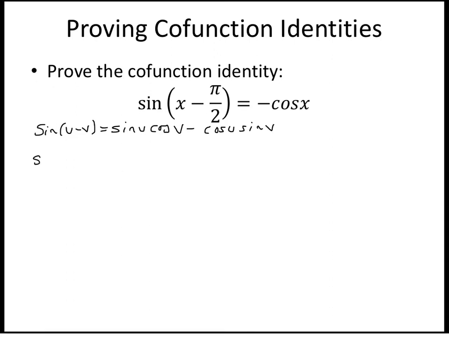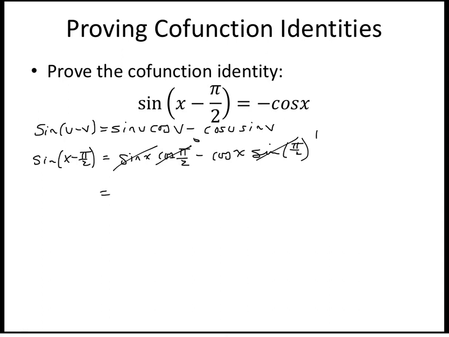So this will give me sine of x minus pi over 2 is equal to sine x cosine of pi over 2 minus cosine x sine of pi over 2. Now, cosine of pi over 2 is just 0, so that zeroes out this whole term. And sine of pi over 2 is 1. So with our negative sign here, we will just have a negative cosine x. So that was a really short proof for us.